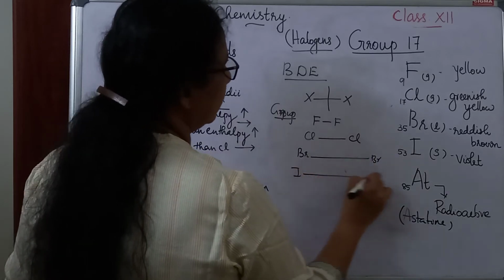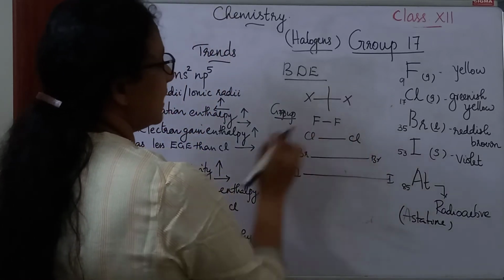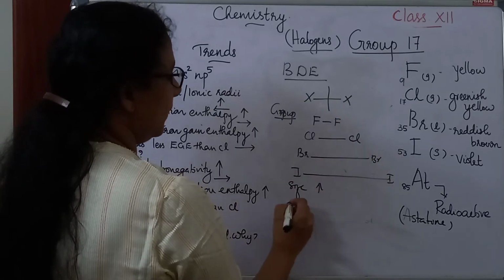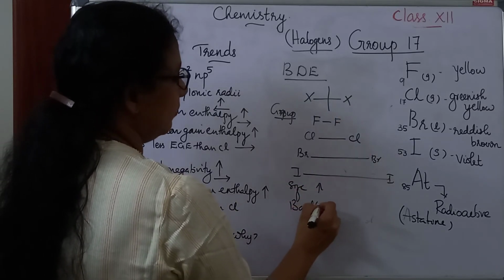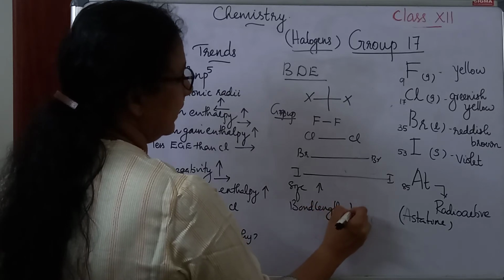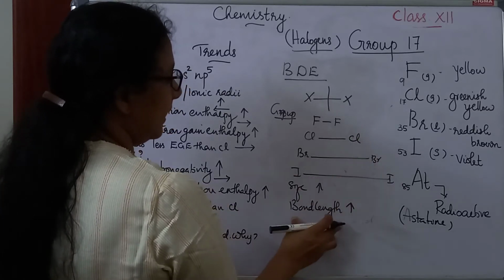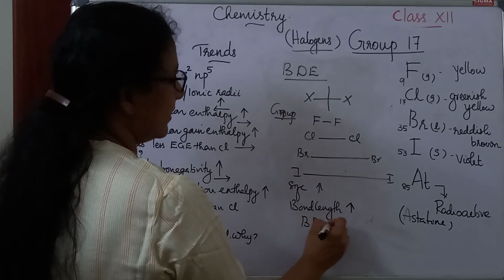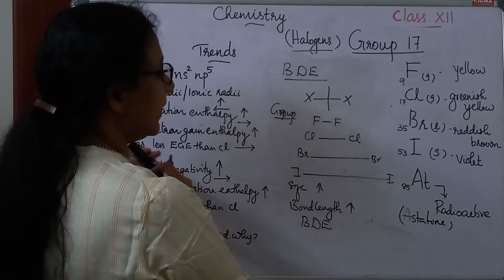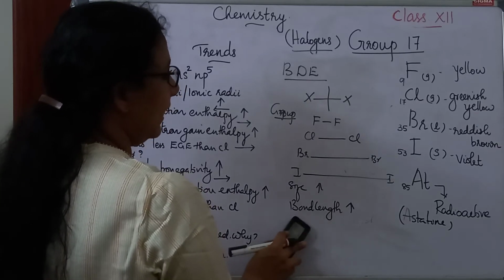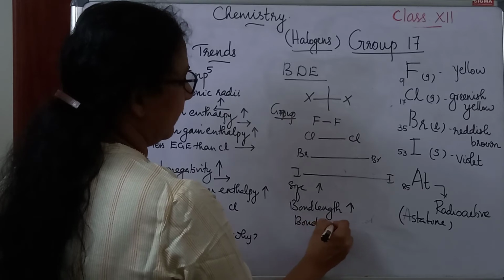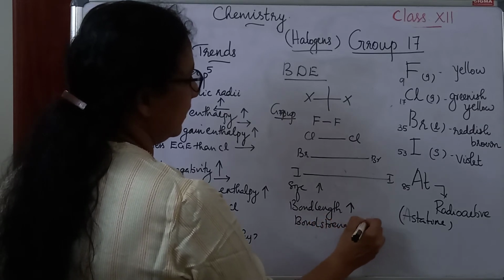We know that the size of the atom increases down the group, and bond length increases down the group, and the amount of energy required to break the bond will decrease, or the bond strength decreases. Actually, when bond length increases, bond strength decreases.